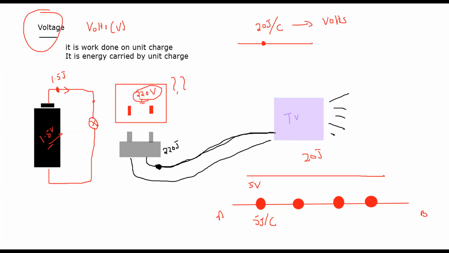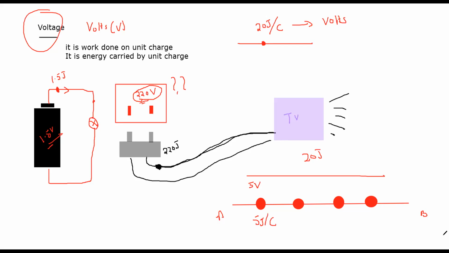Energy is the ability to do work, but how much energy one charge carries is known as volts. If a charge has high energy, it can move faster. But if there are too many charges, it might move slower. Both things are possible, but the energy which one charge carries is called volts.